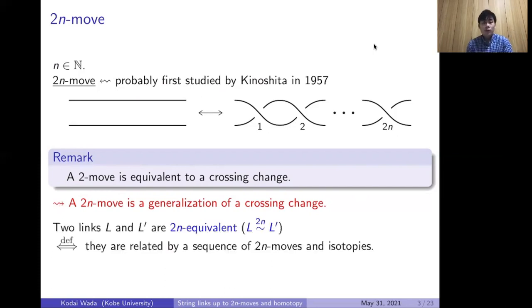Here we introduce one equivalence relation. We say that two links L and L prime are 2n-equivalent, denoted by this, if they are related by a sequence of 2n-moves and isotopies.